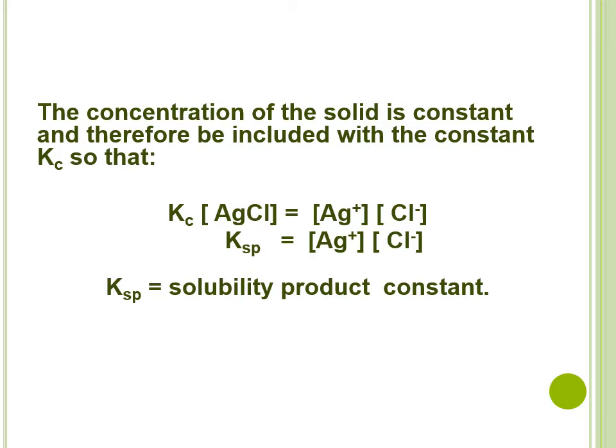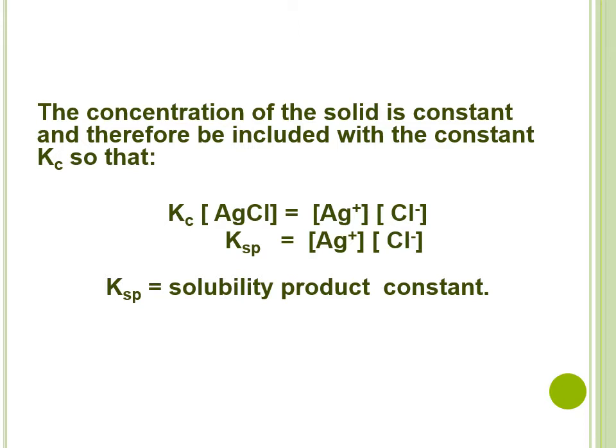So Kc multiplied by the concentration of AgCl equals the concentration of Ag+ times the concentration of Cl-. Again, for green coursebook owners, the concentration of AgCl is missed out at the first line in page 215. Please add it. For orange owners, it is correct.